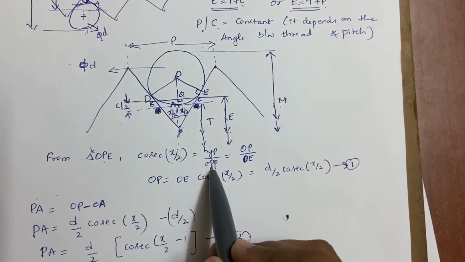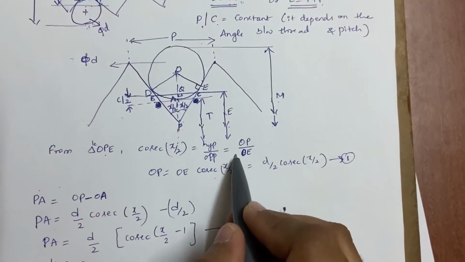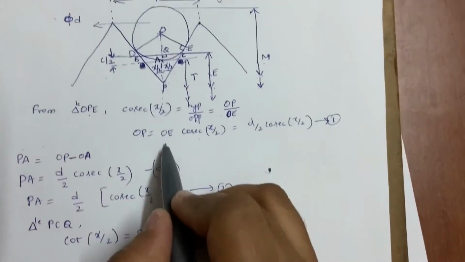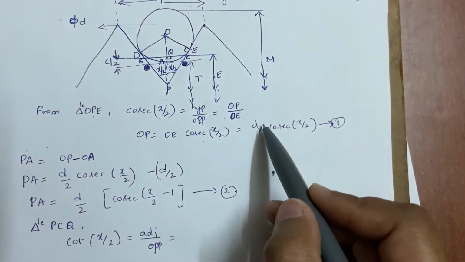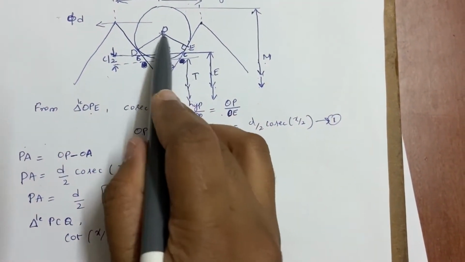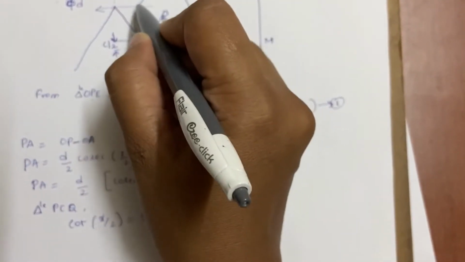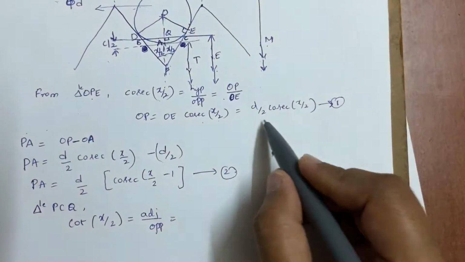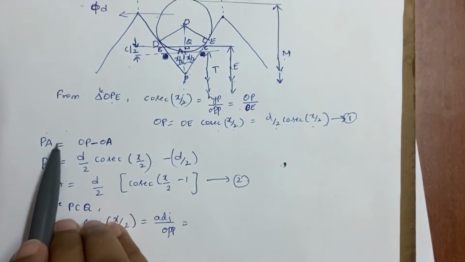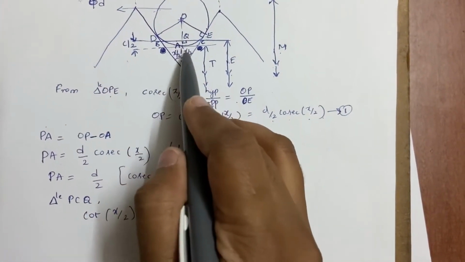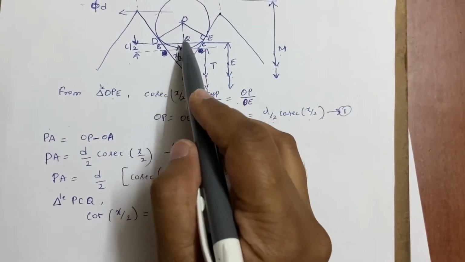From this triangle, if we take cosecant x by 2, that is hypotenuse by opposite, in this case it is OP by OE. So OP is equal to OE cosecant x by 2, that is D by 2 cosecant x by 2. Why D by 2? Because OE is half of the diameter of the wire. The entire diameter of the wire is D, and half of it is D by 2. Then we take PA, which is equal to OP minus OA.